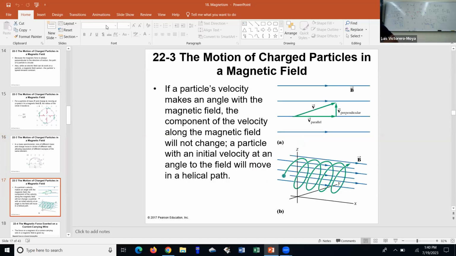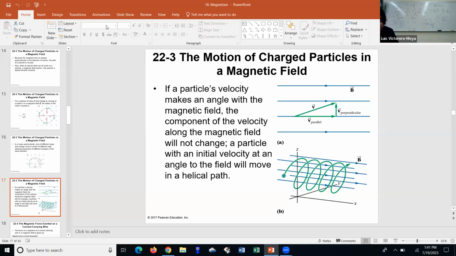Here they show you what happens when the velocity of the particle is not exactly perpendicular. If the velocity of the particle entering the region is not perpendicular, you still break it into components. The perpendicular component is the one responsible for the circular path, as you just saw on the board. But what about the parallel component?